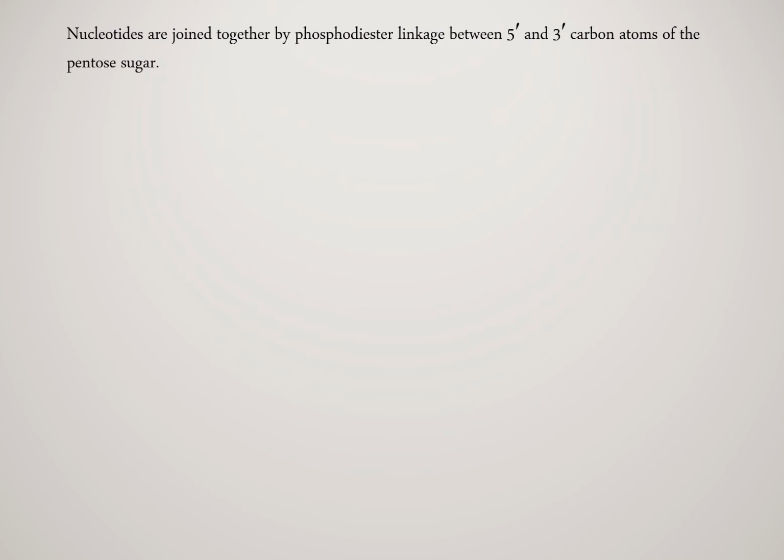Now these nucleotides are joined together by a phosphodiester linkage, which is always between the 5' and the 3' carbon atoms of the pentose sugar. So the link is always between the 5' and the 3' carbon atoms of the pentose sugar.